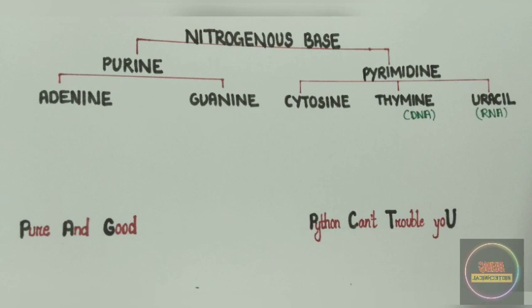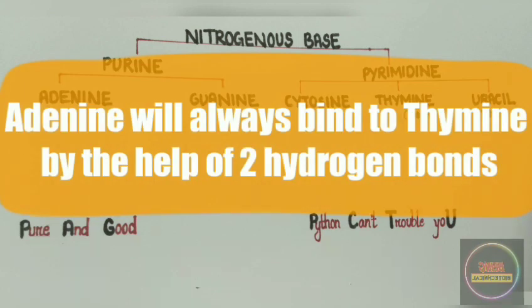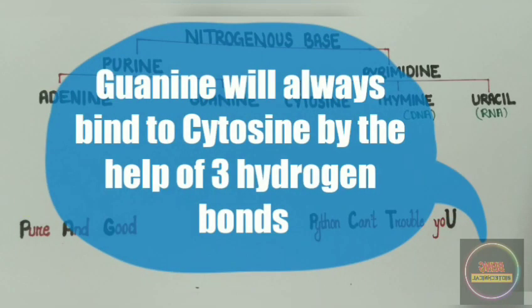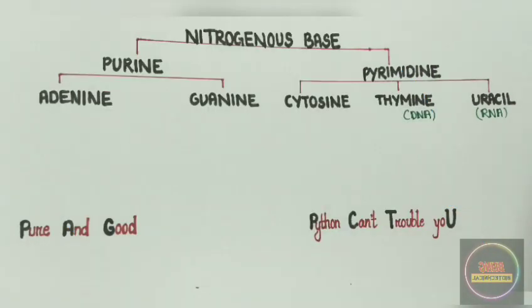So uracil is not present in DNA and thymine is not present in RNA. That is why I have marked DNA and RNA against their names. One thing you also need to remember is that adenine will always bind to thymine and guanine will always bind to cytosine. So A will always bind to T and G will always bind to C.